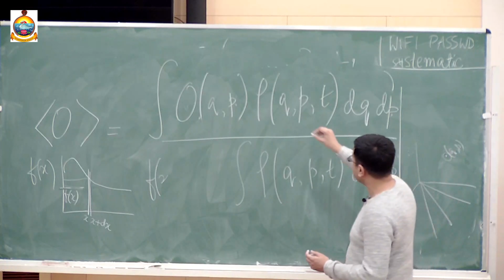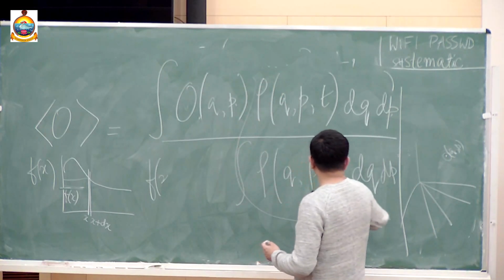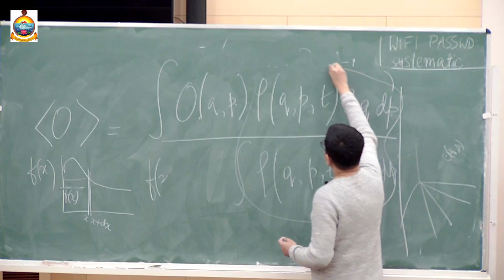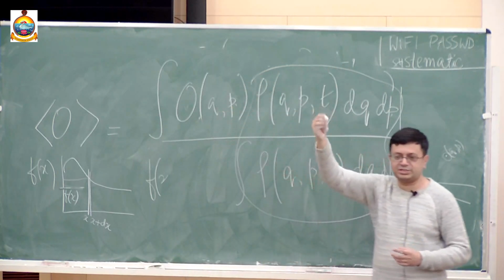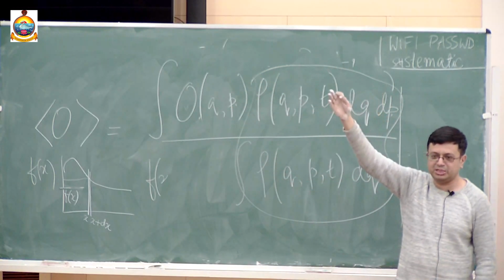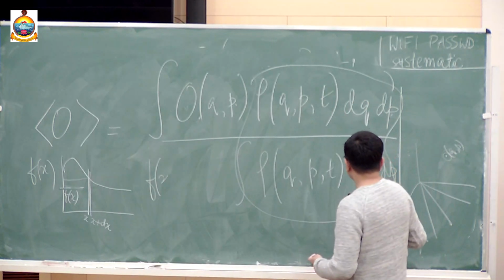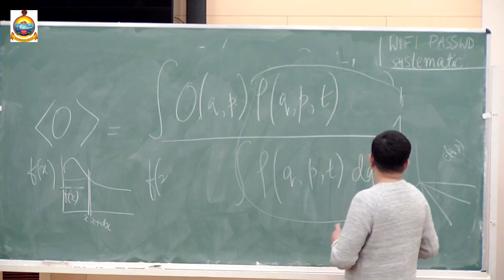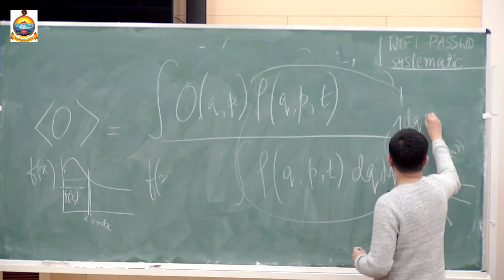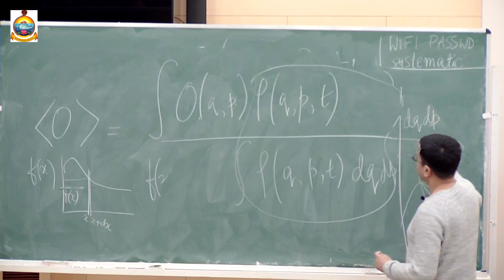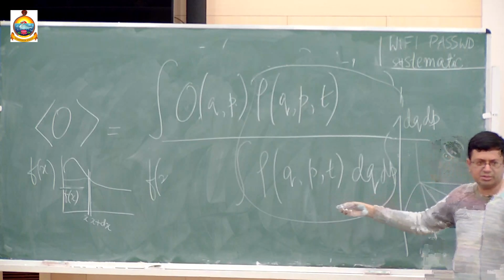I can call this a new function, rho prime of qpt, and get rid of the denominator.